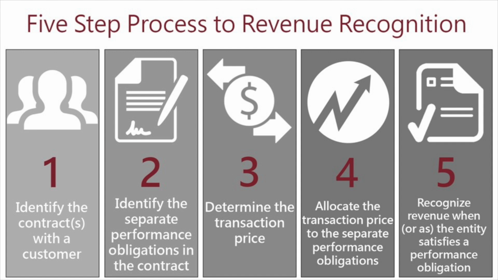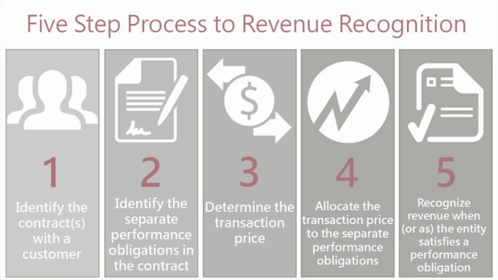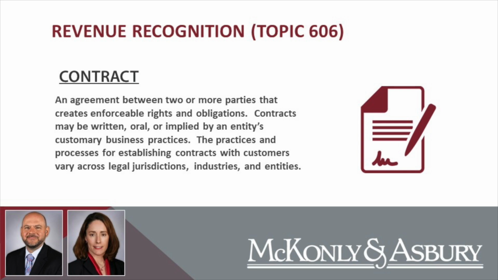So there's certainly a lot behind each of these steps. And we're going to go through a couple of these definitions that can just give you an idea of how complex some of this can be. So the first definition here, when you look at step 1, identifying the contract with the customer, you first have to have a contract, which is an agreement between two or more parties that creates enforceable rights and obligations. In a lot of ways, these are legally enforceable rights and obligations.